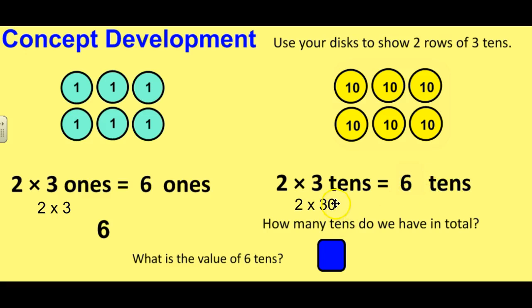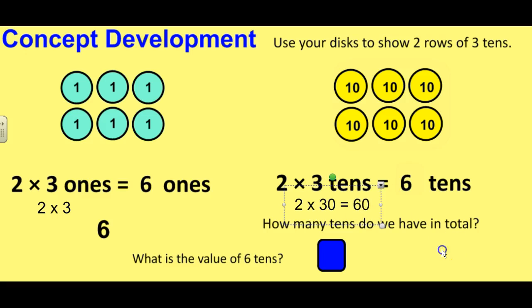Now to figure out what it's equal to in standard form, just with a number, you've got to ask yourself, how much is 6 tens? And when you look up here, you can skip count by tens, or if you just know how much 6 tens is, you can write that on your board. So on your board, what is the answer to 2 times 3 tens, or 2 times 30?